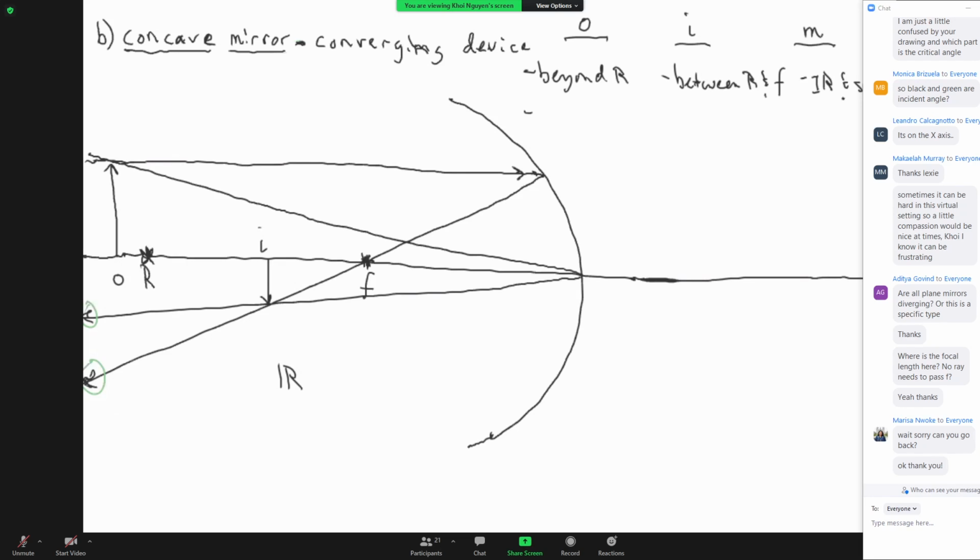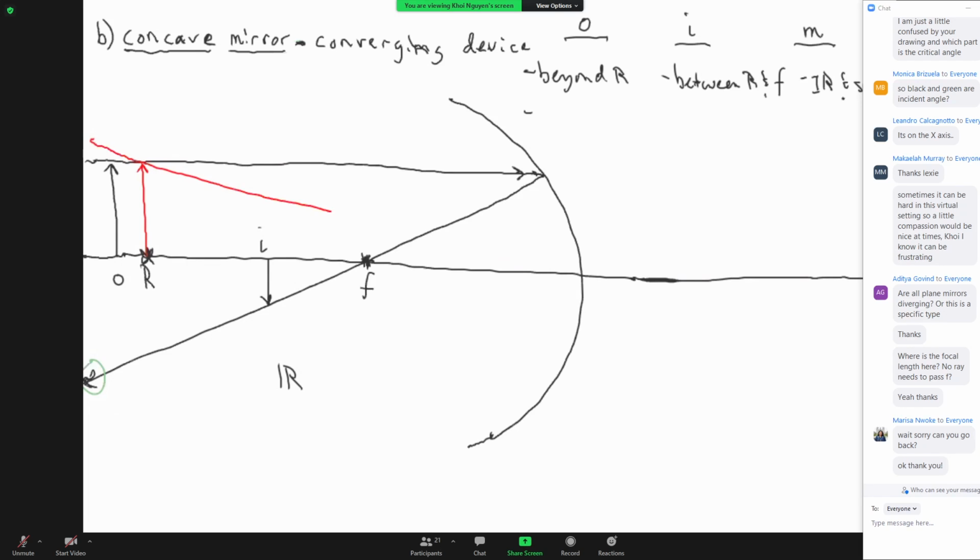Now, if we move our object in, and now that object is at the radius of curvature, let's erase this reflected ray here and here, so we can draw our next one. That reflected ray, the one that goes right in towards the center of the device, will come out like so, intersect the other ray right here, and you're going to form an image right where the object was.